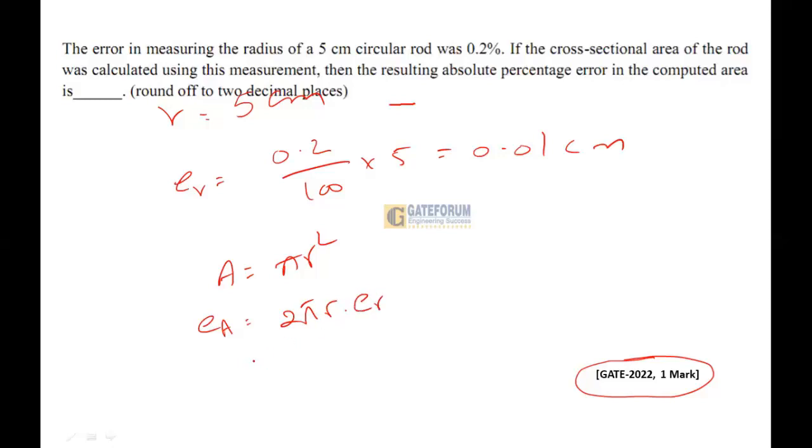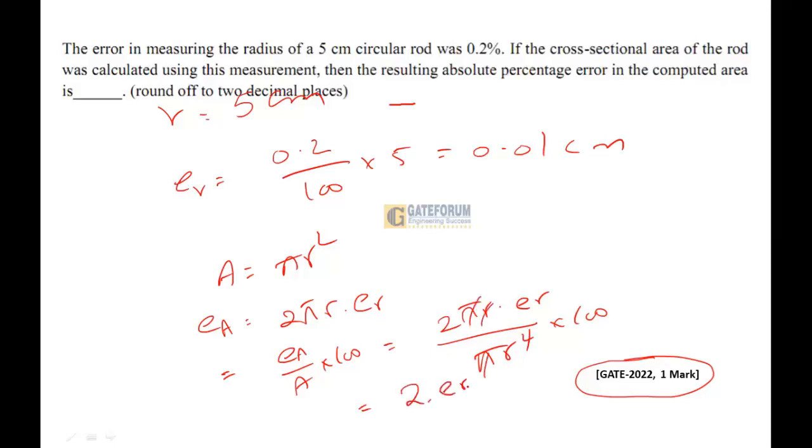So the absolute percentage error is computed as follows. We have the formula for absolute computed error, that is EA by A into 100. So EA by A is 2 pi r into ER by A, which is pi r square, into 100 to find the absolute error value. Now if I substitute this, pi r square cancels.